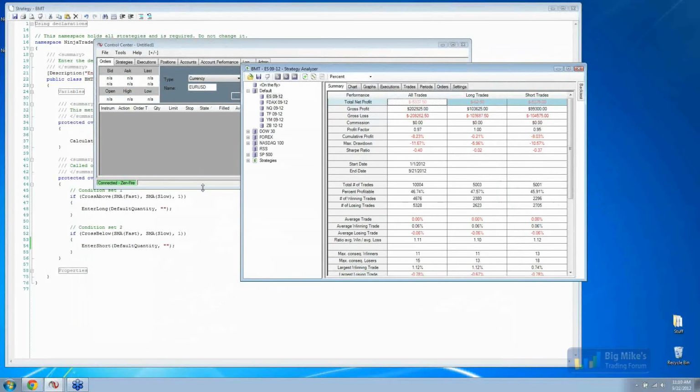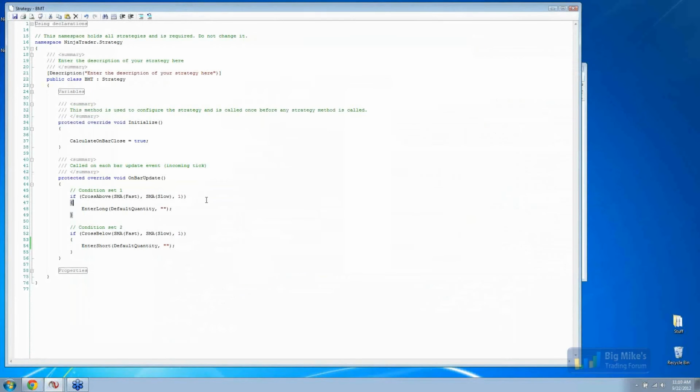Okay, so now back to our strategy. We started our strategy with a crossover condition, and what I want to do first is show you guys how you can limit the number of trades your strategy is taking.